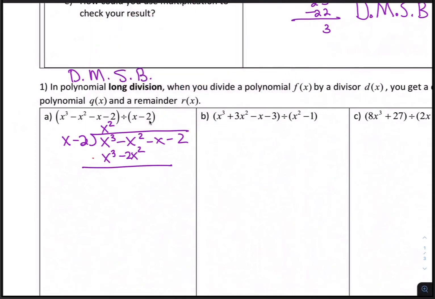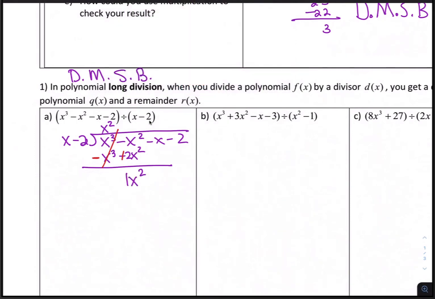When we subtract, it's x to the third minus x to the third, which will cancel out. And then it's negative x squared minus negative 2x squared. That's going to change the sign. That negative 2 will become positive 2. So we have negative 1x squared plus 2x squared is going to be positive 1x squared.